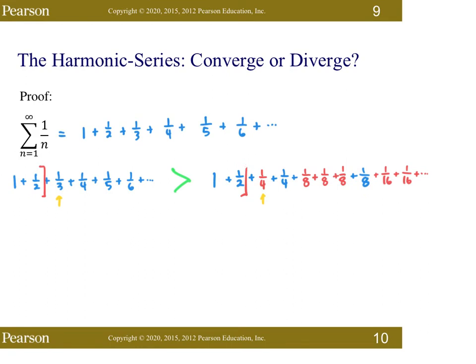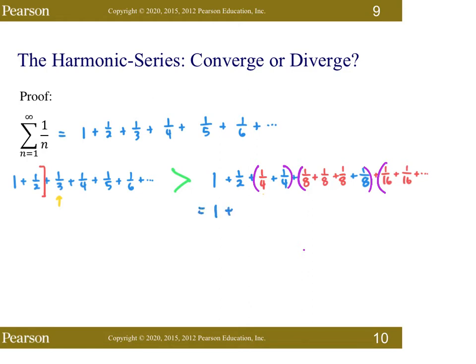Okay, now let's look at the series on the right. I'm going to do a little grouping. What happens if I start to group things? Let me group all the 1/4 together, and all the 1/8 together, and then all the 1/16 together.